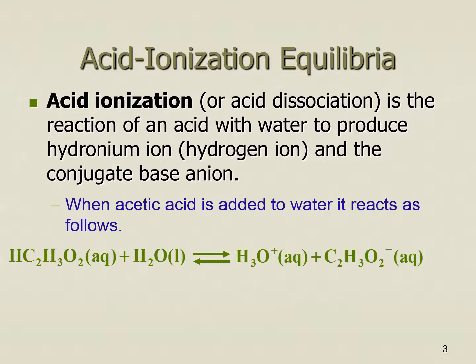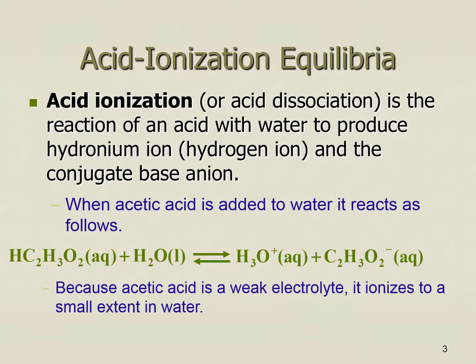If I said write the acid dissociation equation for acetic acid, you would write the acid HC2H3O2, add water to it, and then on the right hand side you need to write the H3O plus, so the H plus has left the acetic acid and gone to the water to make H3O plus, and then what's left over is the acetate ion, the C2H3O2 negative. So like I said, one thing you need to be able to do is write an equilibrium for whatever acid I give you.